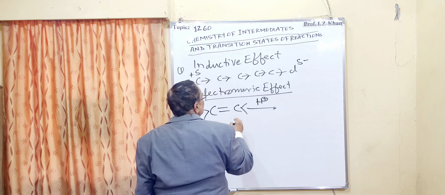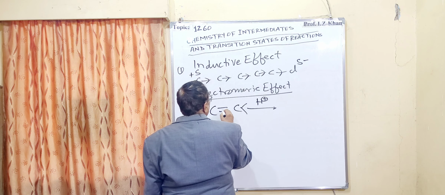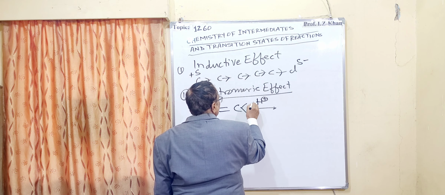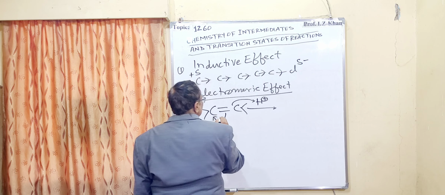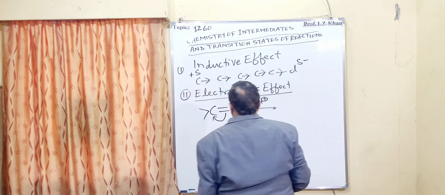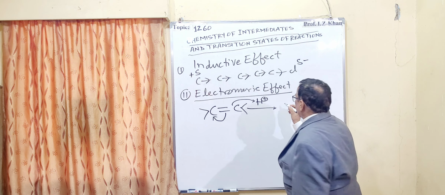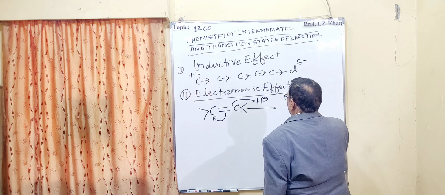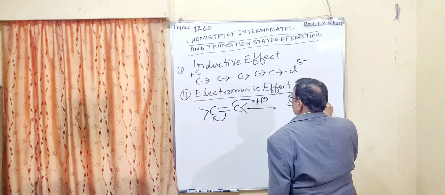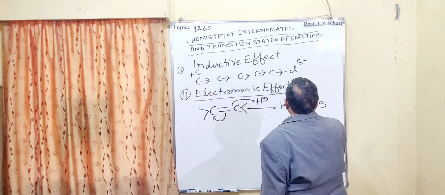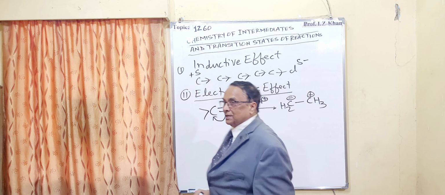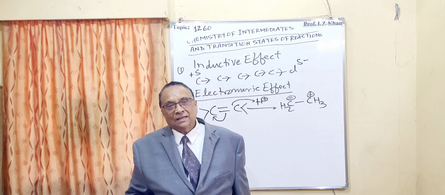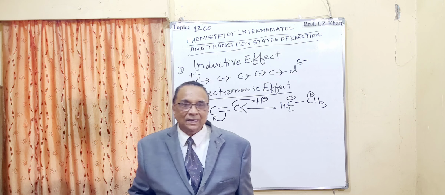So the pi electrons shift, and it will become partially positive and partially negative. So this condition is your electromeric effect.